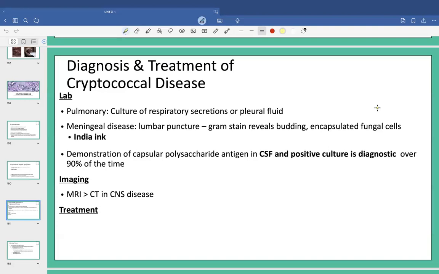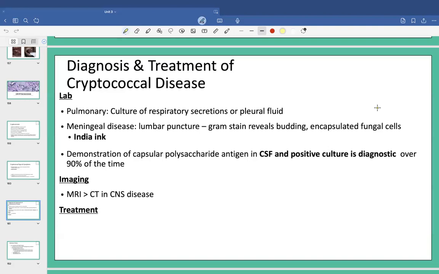Demonstration of a capsular polysaccharide antigen in the CSF and a positive culture is diagnostic in over 90% of cases. MRI is going to be better than a CT scan for patients with meningeal forms of the disease.